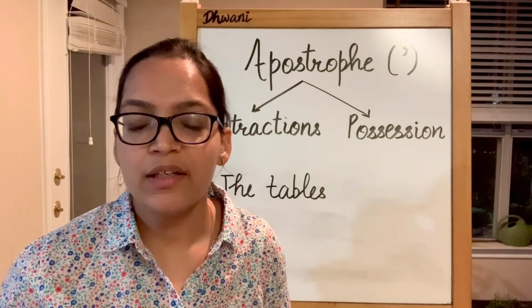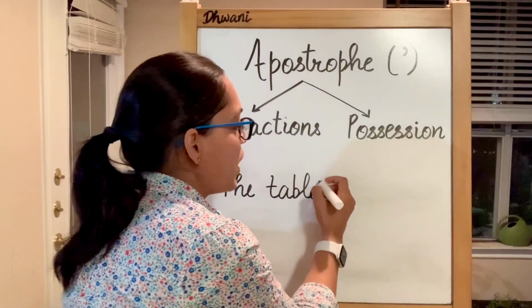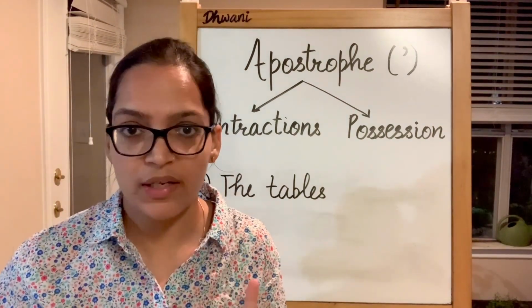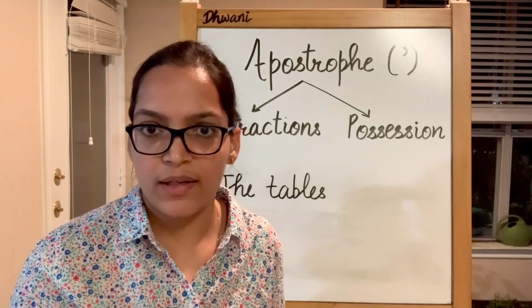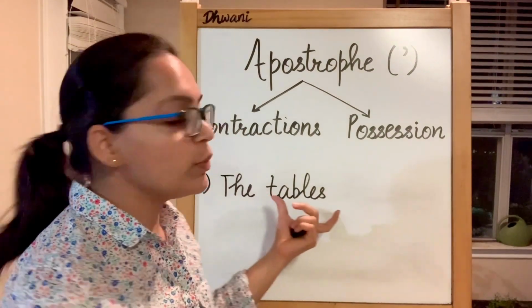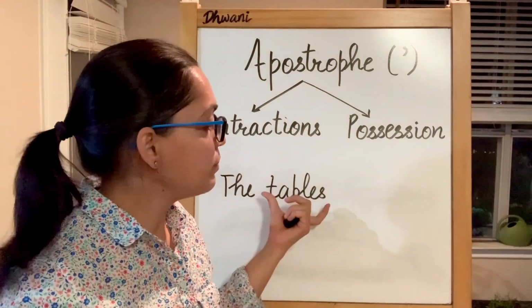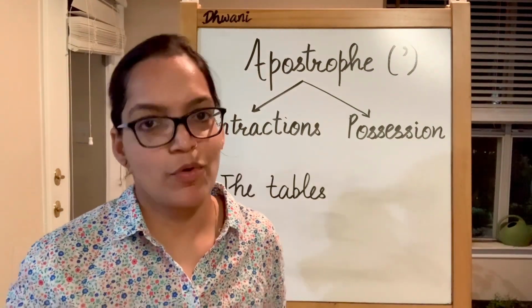When you're reading, you have to understand that when there is an apostrophe after the E and there is an S, that means we are talking about only one table here. And while writing, if you want to mention one singular table, then you have to put apostrophe and s. But in case of plural nouns, after the complete noun, which is the tables, we put just an apostrophe.